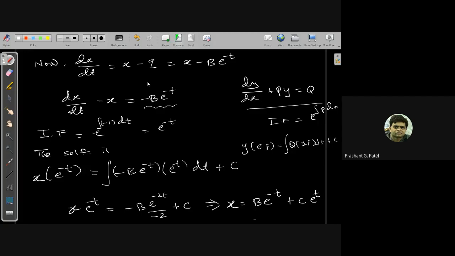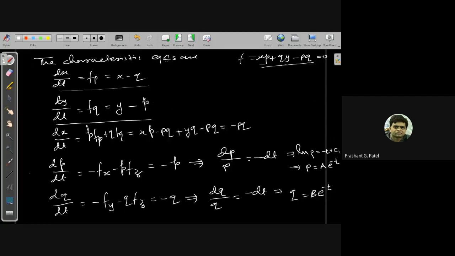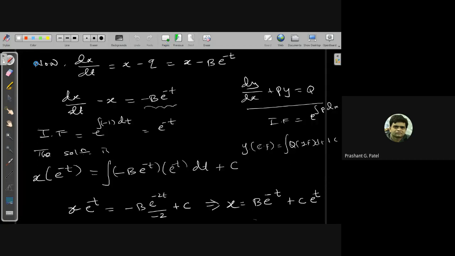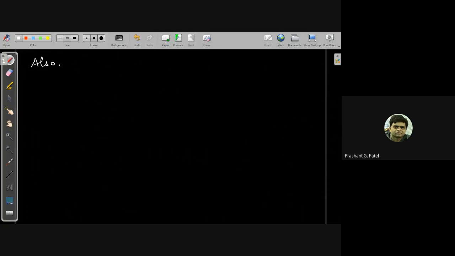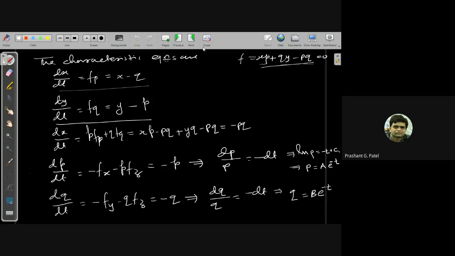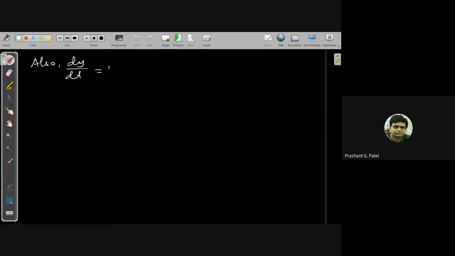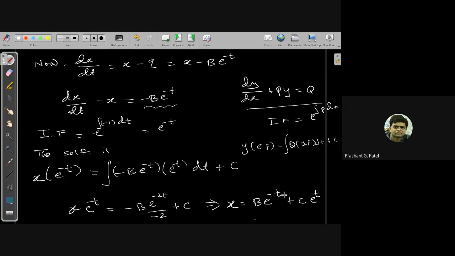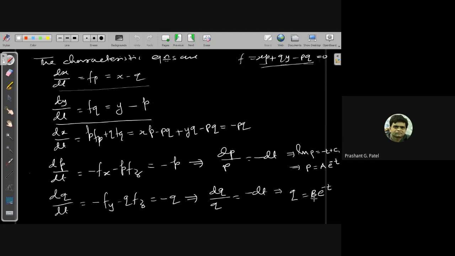Also, we have the y equation like this, and the value of p from this, we'll use that one. So also dy by dt is equal to y minus p. The value of p we have, that is this, a e power minus t.